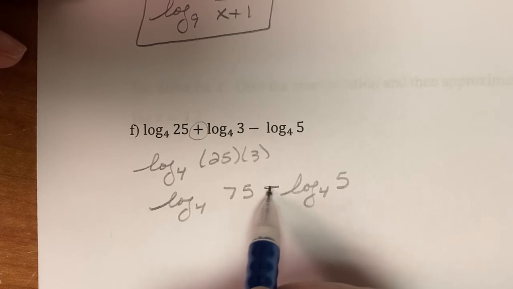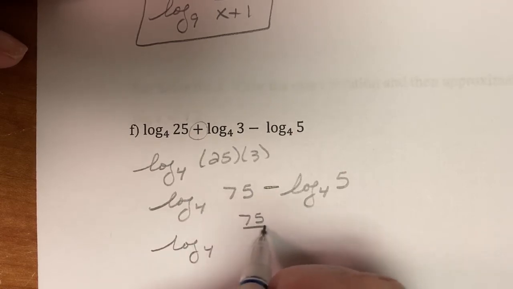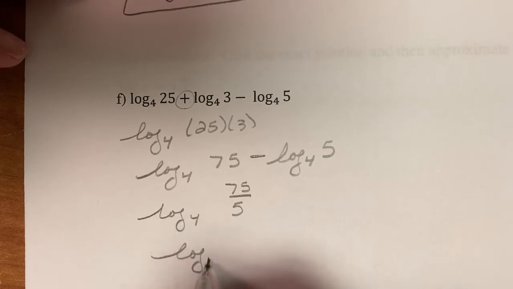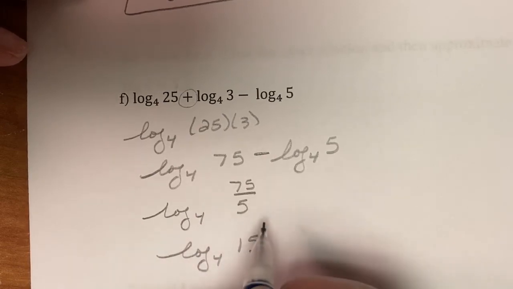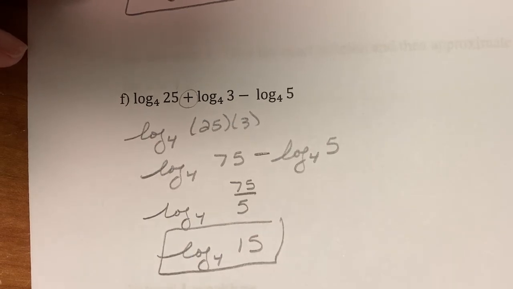Now, since these are being subtracted, that meant division originally. So this would be the log base 4 of 75 divided by 5, which of course would be the log base 4 of 15, because that's what 75 divided by 5 is.